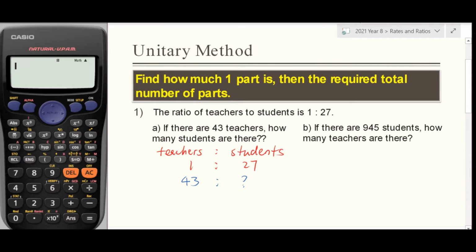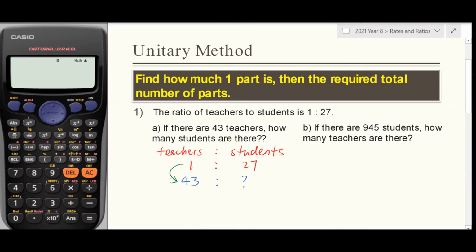Now, if you remember back in our equivalent ratios lesson, I said that you can compare ratios to each other, or you can compare the numbers within the same ratio, and you will apply the same proportions to both. So taking this particular question, I can go downwards like this. So I have expanded from the number 1 to the number 43.